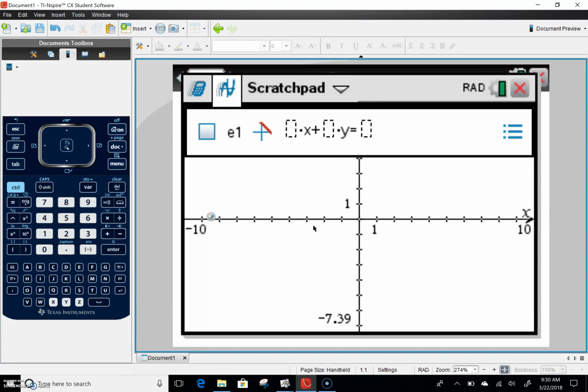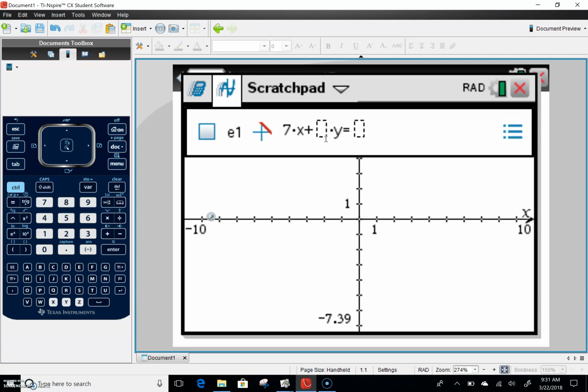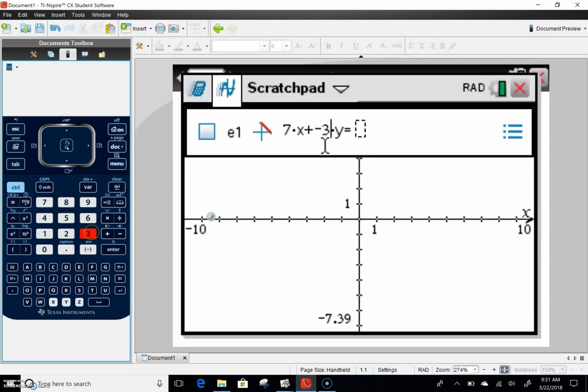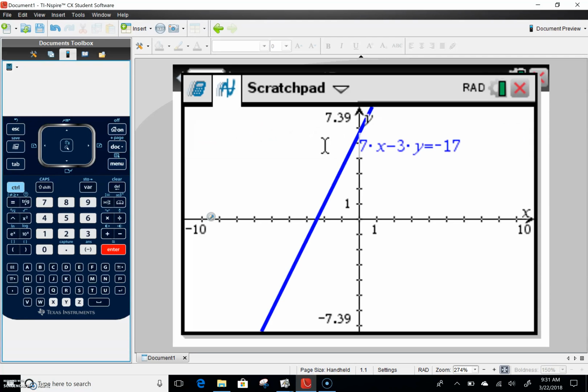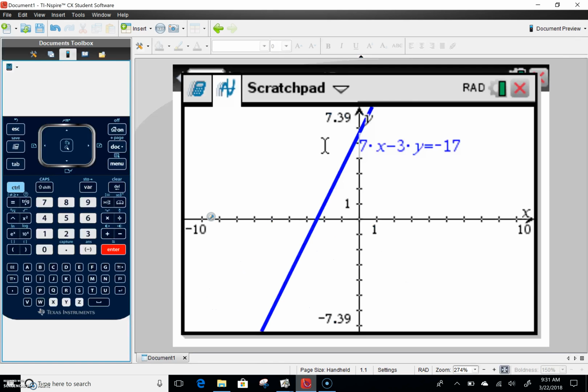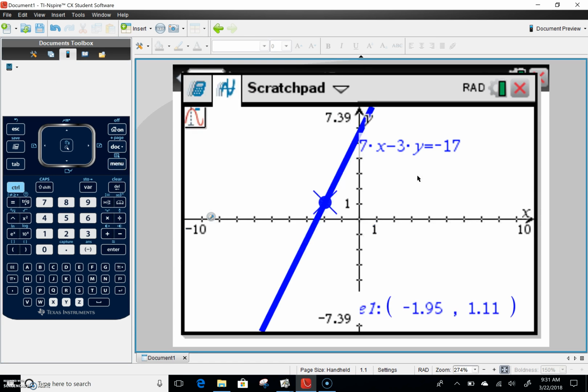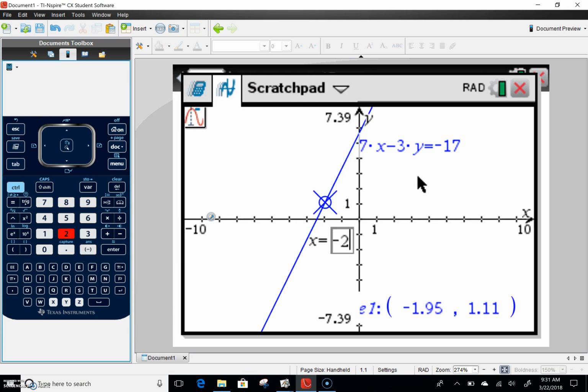The first number is 7, negative 3, and the last number is negative 17. Enter. Remember, we're looking for negative 2, 1, so you've got to make sure that point is there. Menu, trace, graph trace, and I put in negative 2, and it should give me 1, which it does, so we know that's correct.